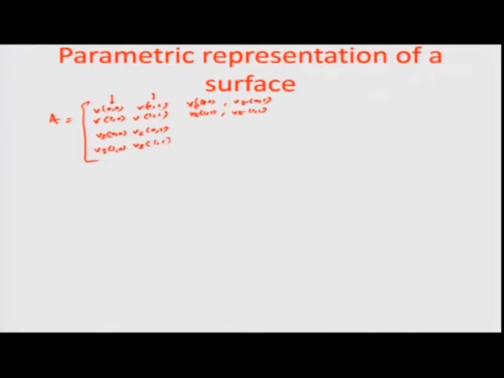And then there should be the cross slopes, which means V s t 0 0, V s t 0 1, V s t 1 0, V s t 1 1, and so on and so forth. So, that is how the A matrix is defined.